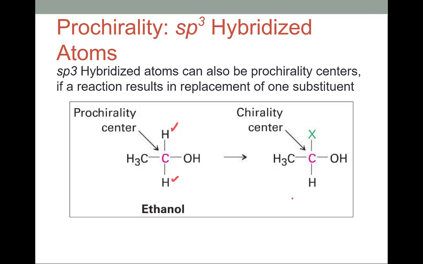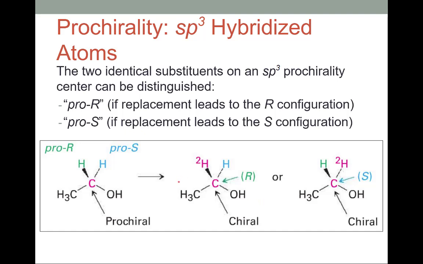And so the language here is going to use the prefix pro. In this case, what we'll do is we'll say, let's go ahead and do that substitution. Here we're using deuterium. It could have been anything. They're using deuterium so that we can rank them, but we could have replaced it with chlorine or something else. In this case, if we replaced the green hydrogen on the left with this higher ranking thing, our rankings would say 1, 2, 3, 4, and thankfully for us, the blue hydrogen, the fourth group, is pointed away already.